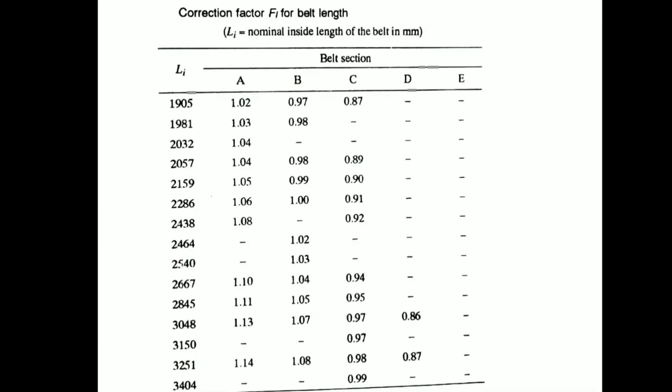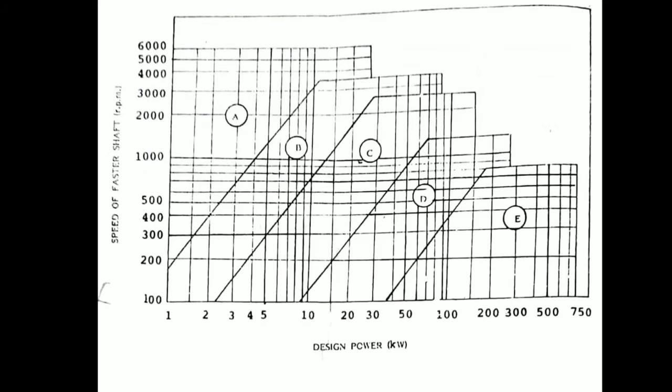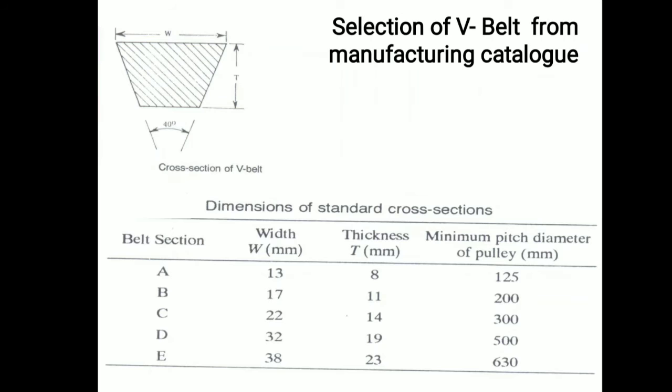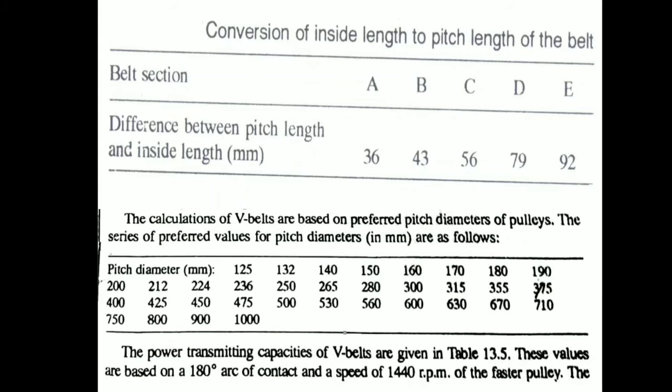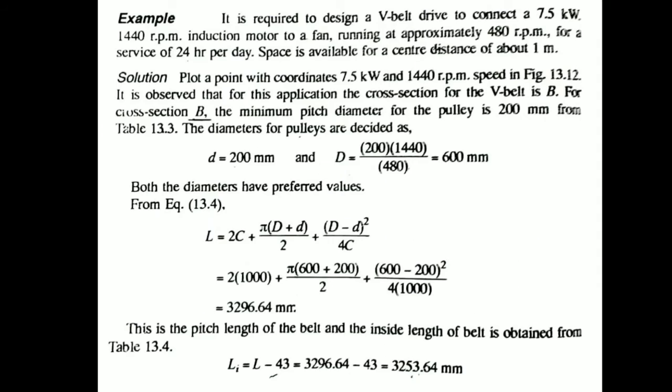Now 43 comes from this table, B section 43. So we get Li is equal to L minus 43, that is 3296.64 minus 43, that is 3253 mm. This will be the inside length. Clear?